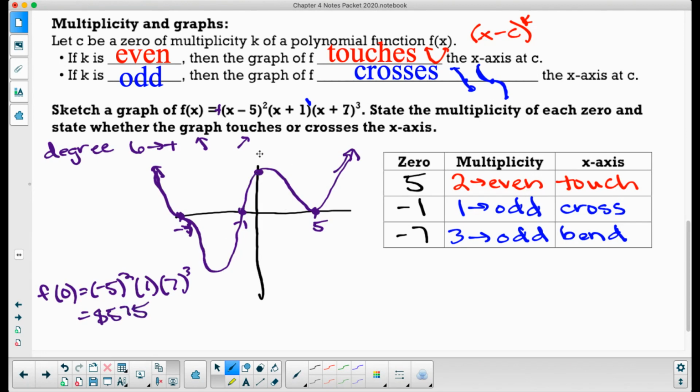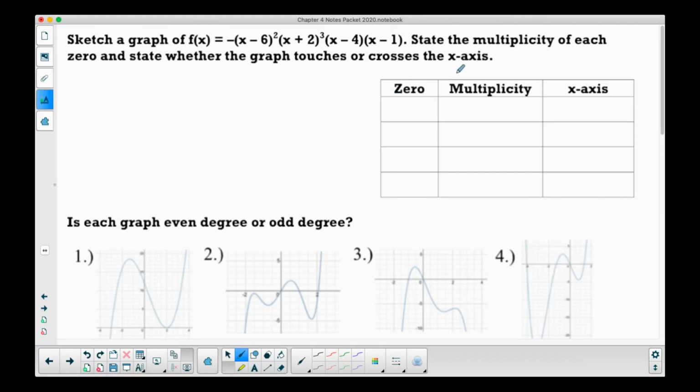So your y-intercept would be way up there at 8,575 if you wanted to be specific about that. Using that as a guide, why don't you try and sketch the graph of this function? Pause here and do that.